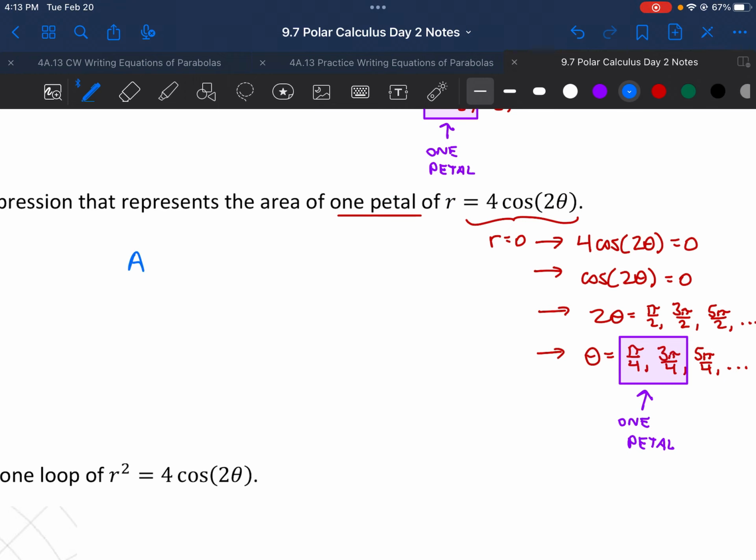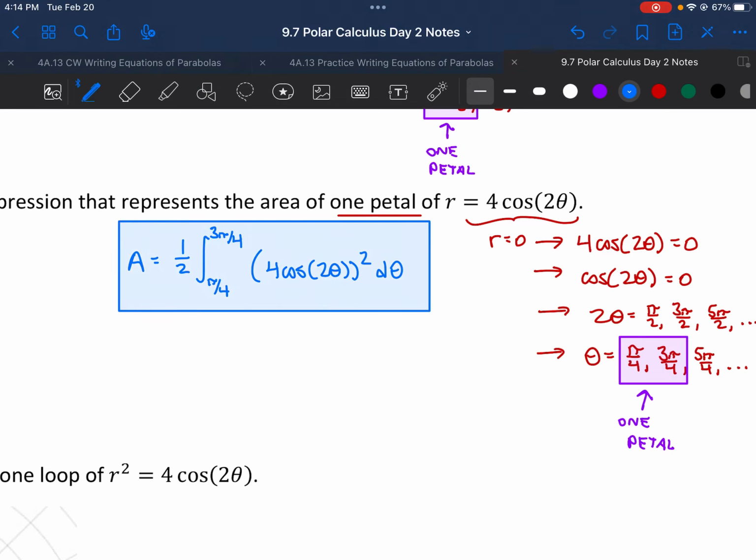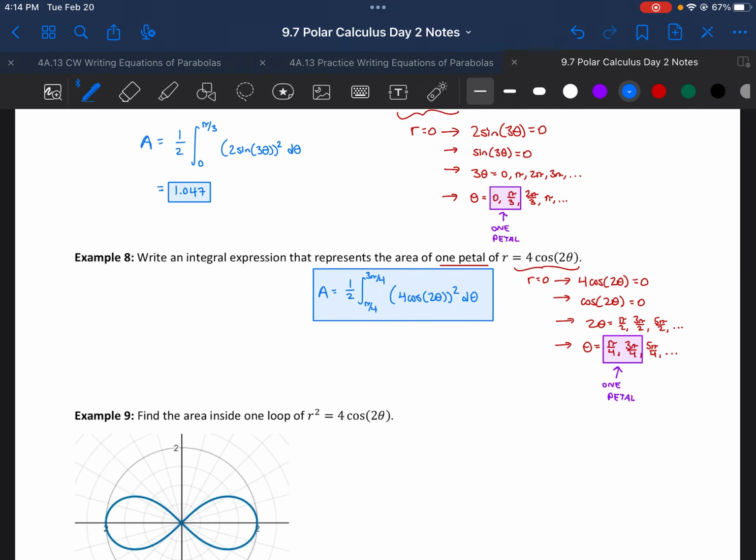So the area of a single petal, area equals 1/2 integral from pi over 4 to 3 pi over 4 of 4 cosine 2 theta squared d theta. Right, so there's an area expression that will do exactly what we want it to do.